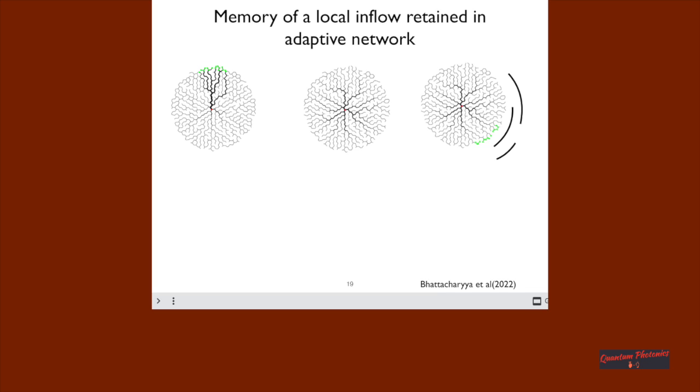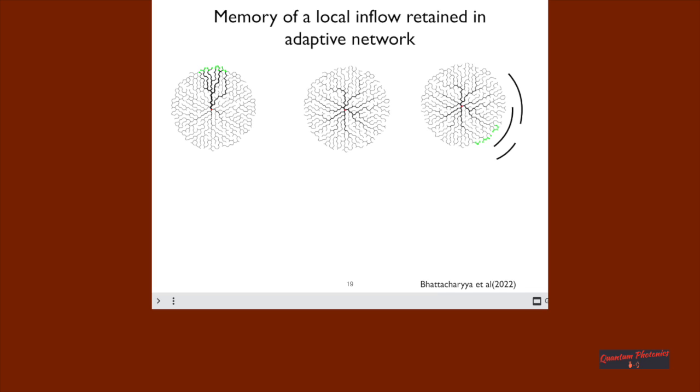So the first section is basically where I write the memory, write the information in the network by training the network or adapting the network with this additional inflow, which is a stimulus. I train the network with the stimulus for some time, which is the writing process.